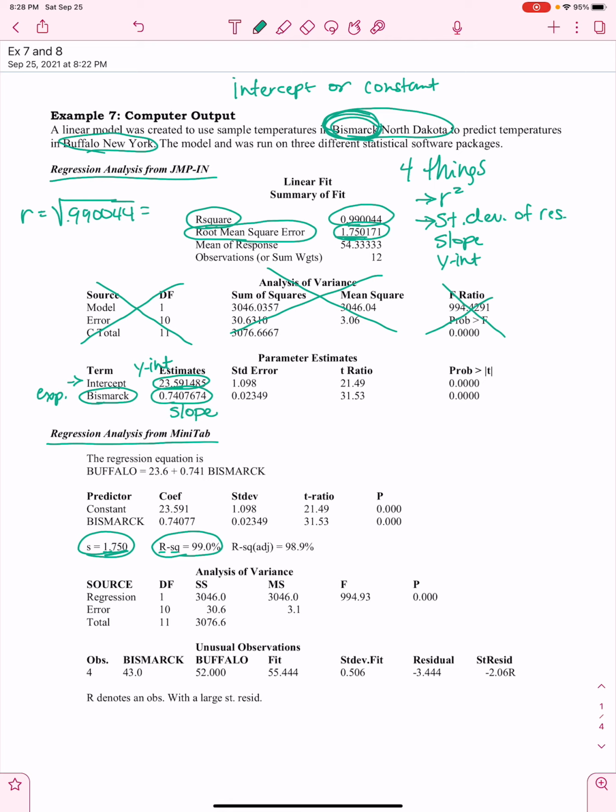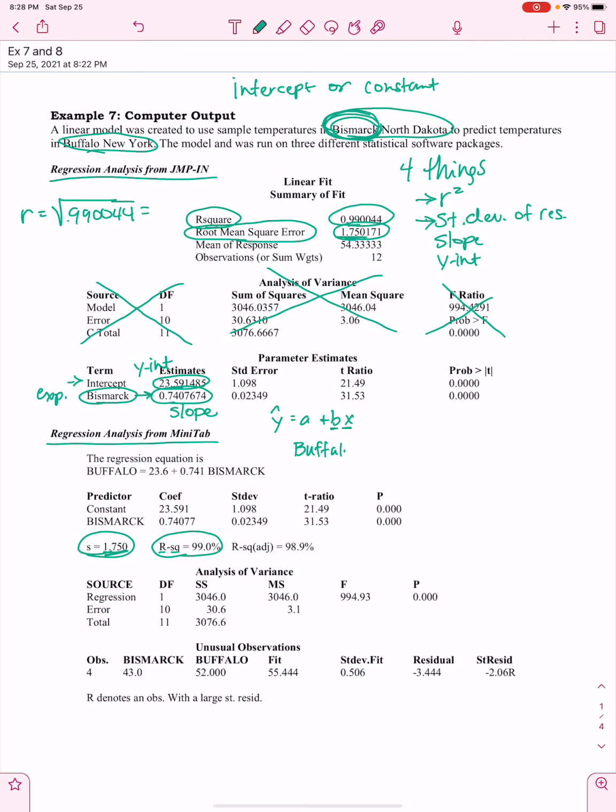Okay, just like in our prediction equation, a plus bx, see how the slope is multiplied by the explanatory variable? See, those are right next to each other. That should make sense to you. So what would we use our computer output for? Well, once you've got the slope and y-intercept, you can easily write your regression equation.